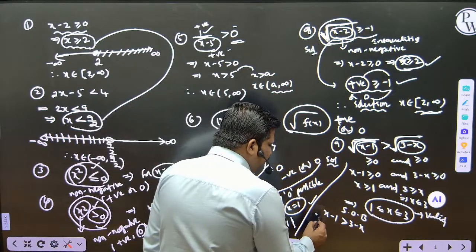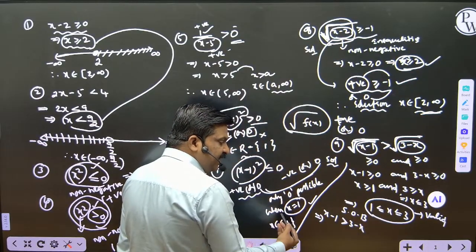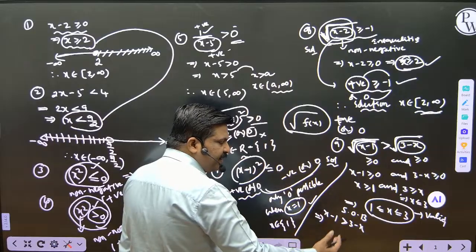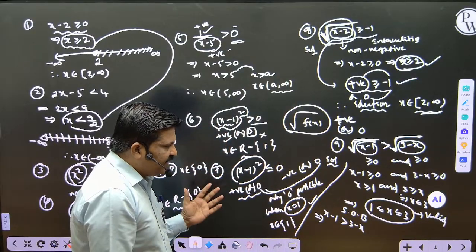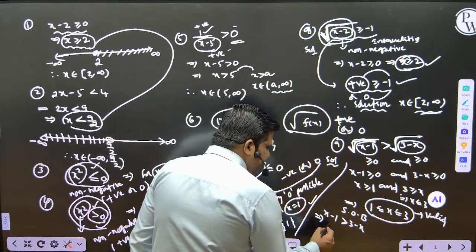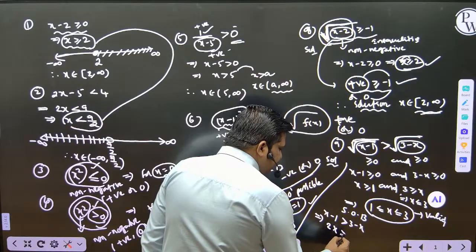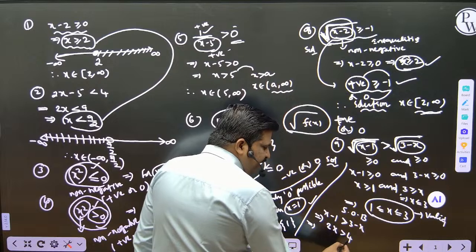As I already told you, all x terms you keep on one side, the left hand side, and constant terms on the right hand side. While solving inequalities, x terms go on the left hand side, constant terms on the right hand side. So it gives 2x greater than 4. Now divide by 2.